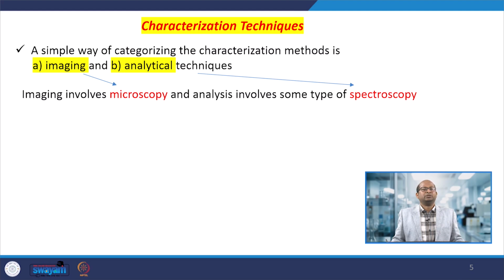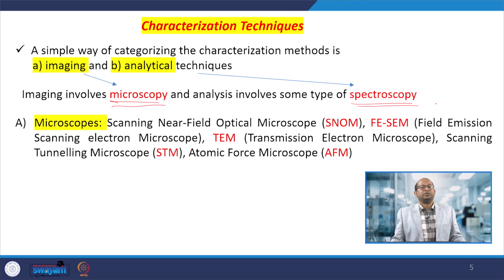Imaging methods basically use microscopes. Different types of microscopes are available that we can use to characterize the materials. The second is analytical techniques, that is, spectroscopic techniques. Among microscopic techniques there are the scanning near-field optical microscope or SNOM, SEM, TEM, STM or scanning tunneling microscope, and AFM. These are the microscopic characterization techniques we can use.